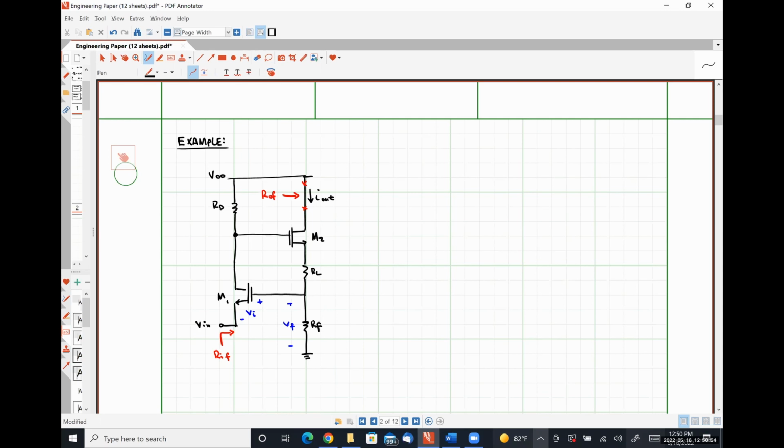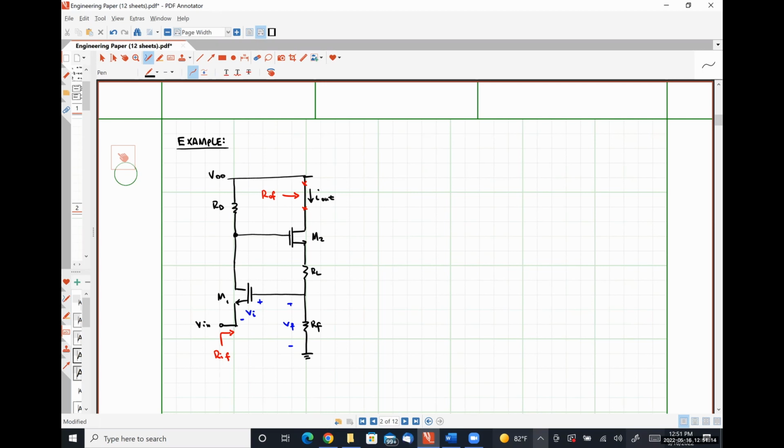So, all right. We can think of this as a bit of a two-stage amplifier circuit, where on the left-hand side, we have some sort of common gate amplifier.